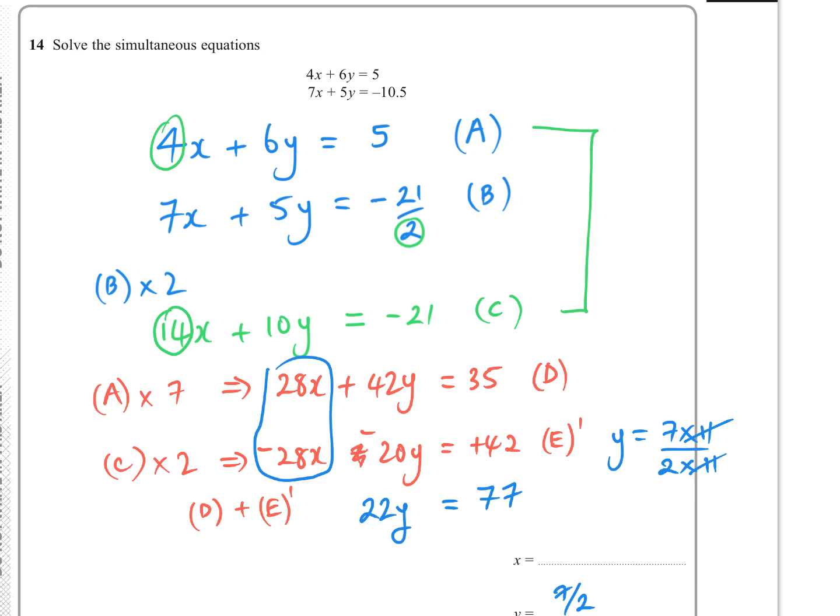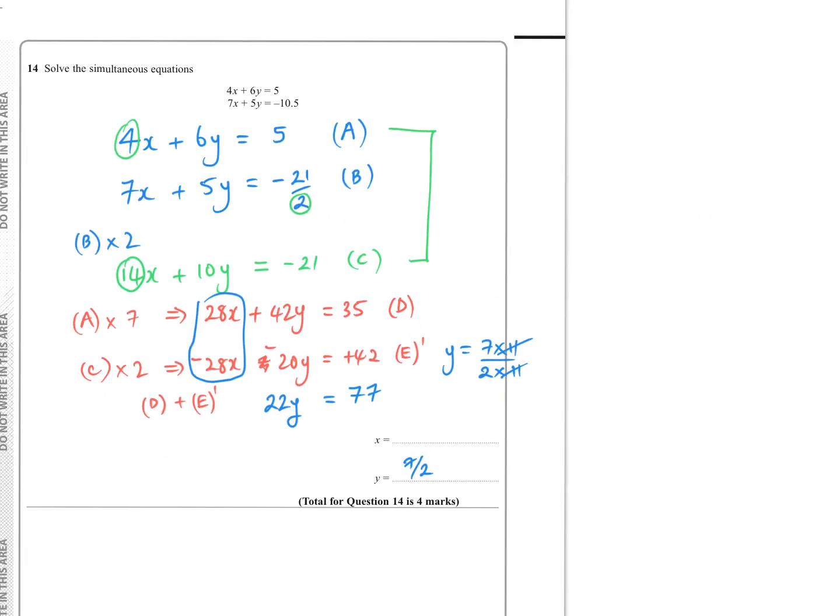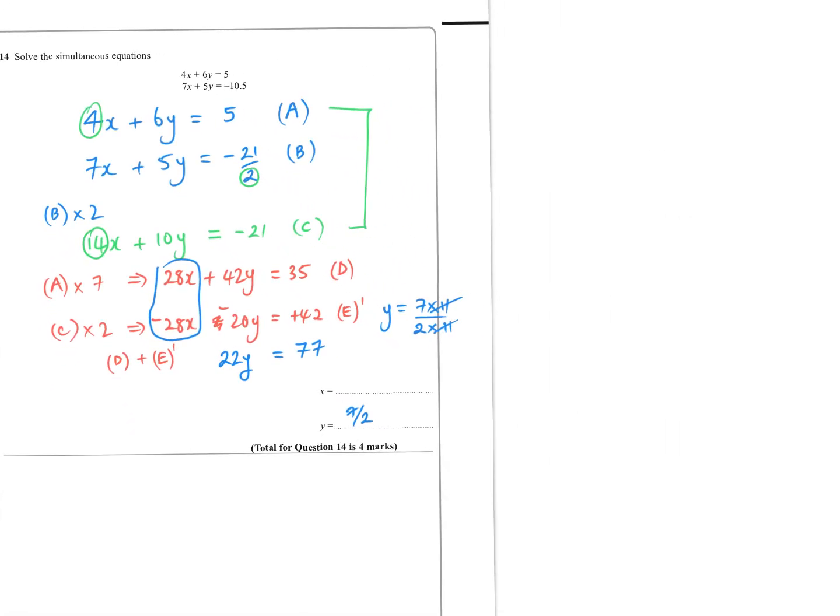Now when you get y is 7 over 2, you've got a few choices. Choice number 1 is that you can just repeat the process. So if you had 4x plus 6y equals 5, equation A, and we use this one here, 14x plus 10y equals minus 21, equation C, then you could times the top one by 10, the bottom one by 6, or you could times the top one by 5 and the bottom one by 3.